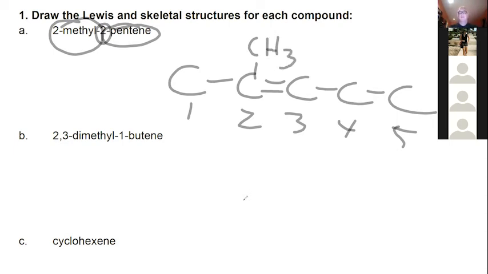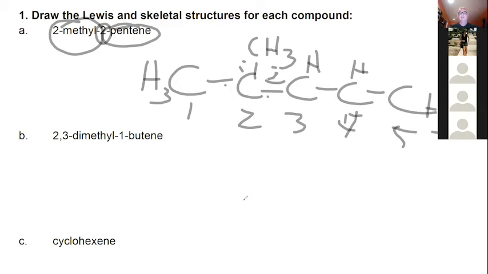Basically, at this point, you just have to add the hydrogens. So carbon 1 would have 3. Carbon 2 wouldn't have any because it already has 1, 2, 3, 4 bonds. Carbon 3 has 3 bonds, so it would get 1. And carbon 4 gets 2 because it only has 2 bonds, and then 3 at the end. So that would be your basic Lewis structure.